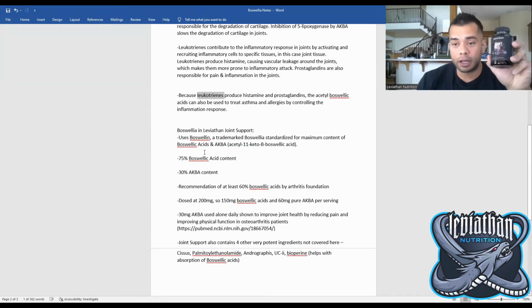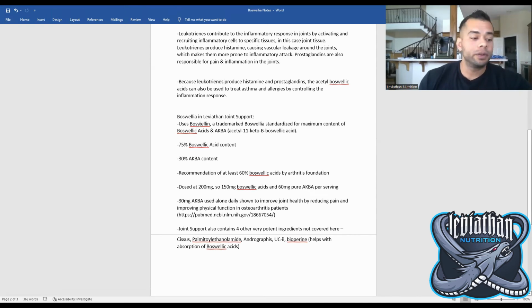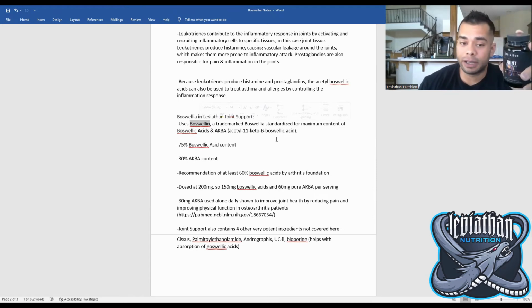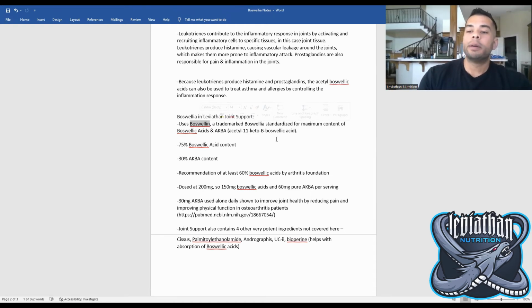Coming back to our product, Joint Support, now that we know a little bit more about Boswellia, the trademarked ingredient of Boswellia that we use in Joint Support is Boswellin. This is a trademarked Boswellia, and it's standardized for maximum content of boswellic acids, both boswellic acids and AKBA. So remember that figure of the 60% boswellic acid content recommended by the Arthritis Foundation.